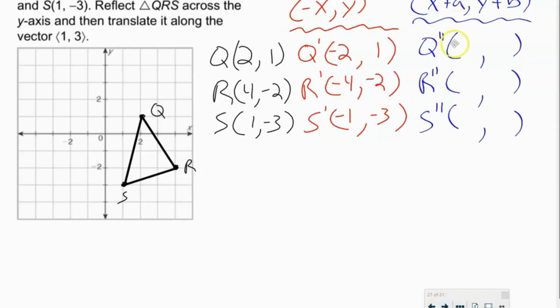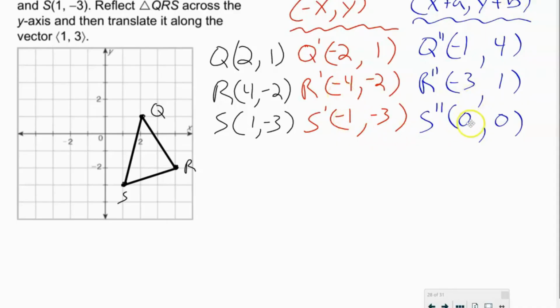All right, next part, we're going to translate along vector (1, 3). So the rule for that is you're going to take the a and add it to x, and you're going to take the b and add it to y. So the 1 is a, and the 3 is b. And I want to add it to what I've already reflected here. So this is what I get. -2 plus 1 is -1. -4 plus 1 is -3.